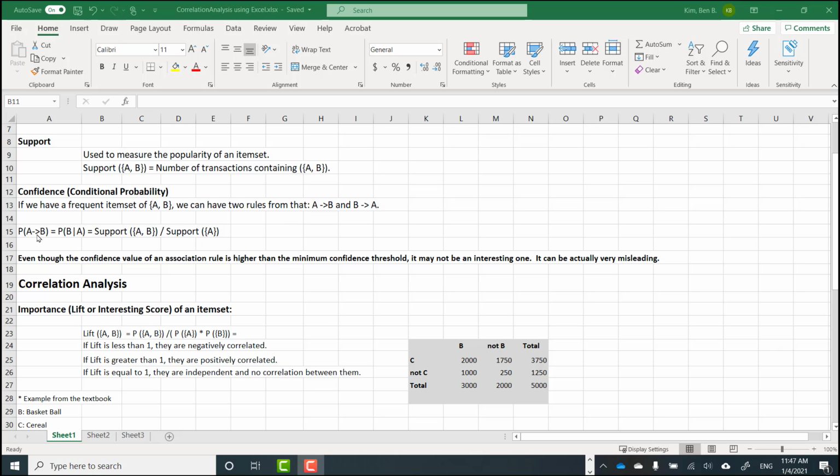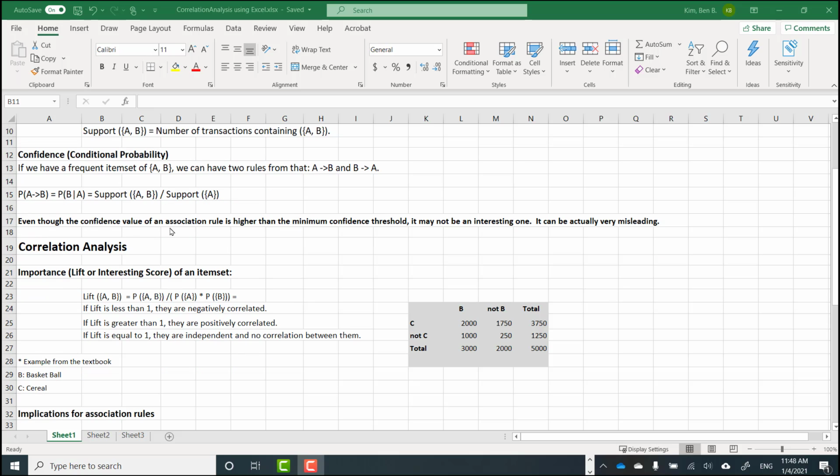The confidence of A implies B is actually a conditional probability, the probability of B given A. That is the support of A and B over the support of A. Even though the confidence value of an association rule can be higher than the minimum confidence threshold, it still may not be an interesting one, or it can actually be very misleading. That's why we need to do a correlation analysis.